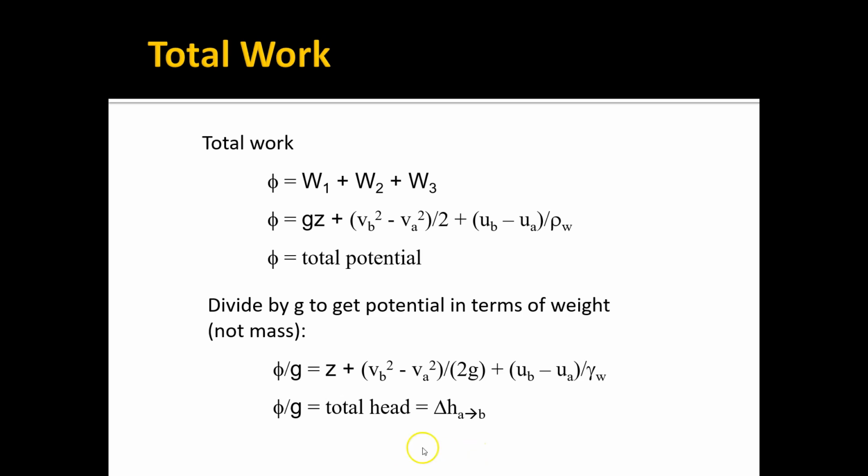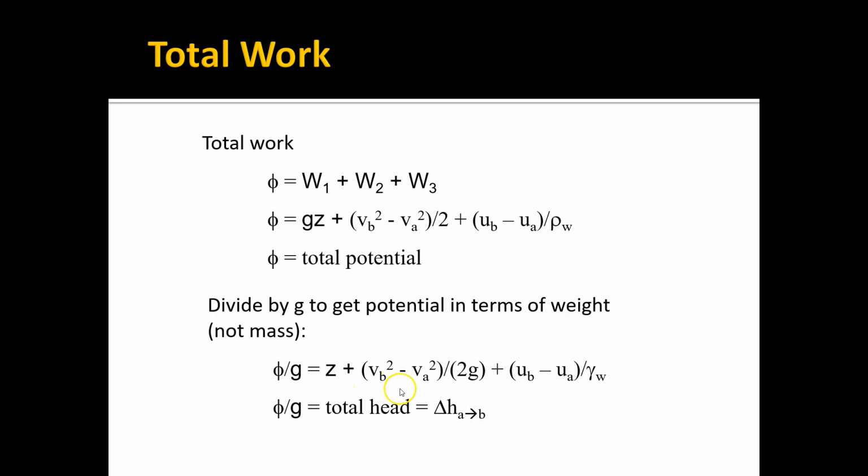So we call this Bernoulli's equation, and the units of this now are in units of length. So Z, the difference in height, obviously is a unit of length.